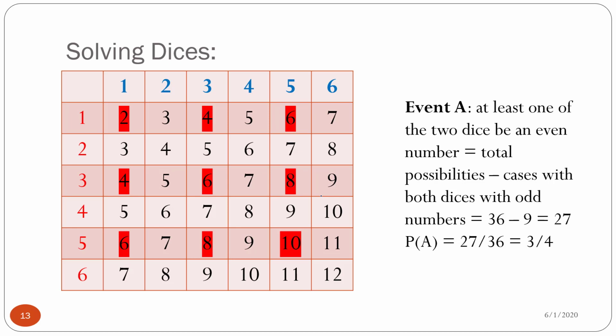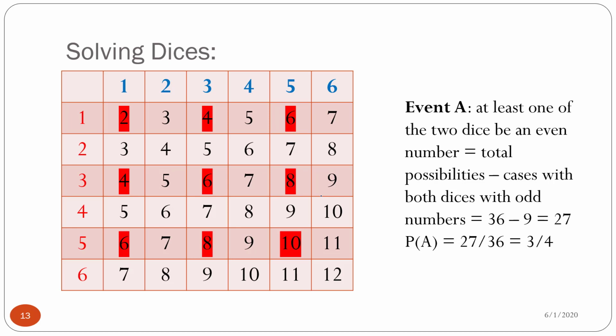The trick that I tried was to find those cases where both the numbers on the red and blue dice happen to be odd, and throw those cases out. So that's my approach, the elimination approach.